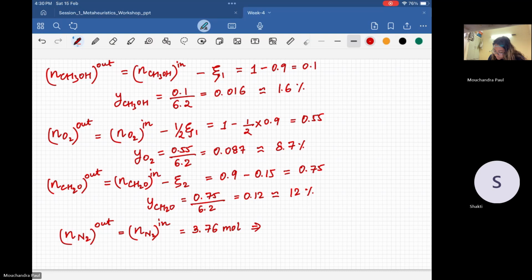So the mole fraction for N2 will be 3.76 by 6.2. Now my pencil is working like butter. I should have done that previously. Anyway, it will be 0.6, so close to 60%.